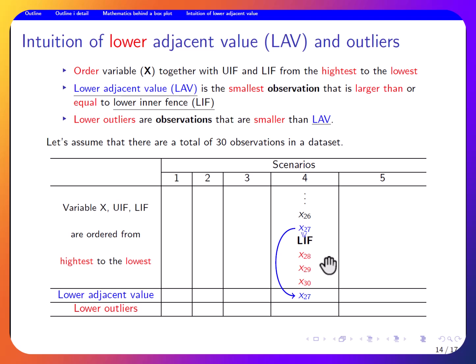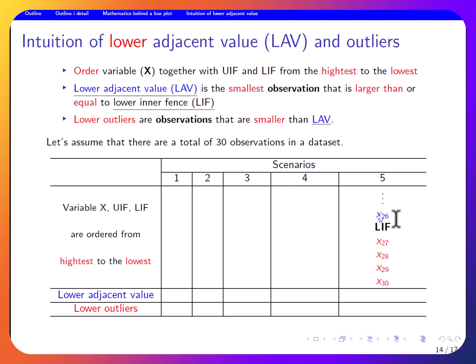Let's move on to the last scenario. In this case, the lower fence is larger than x27, but smaller than or equal to x26. In the whole dataset, x26 is the smallest observation that is larger than or equal to the lower fence.